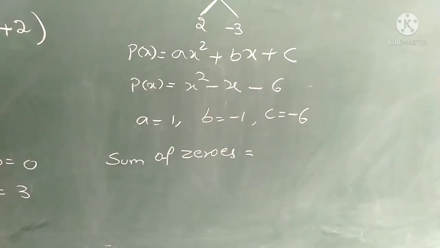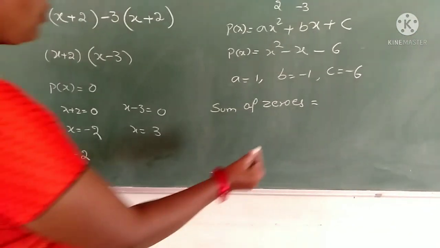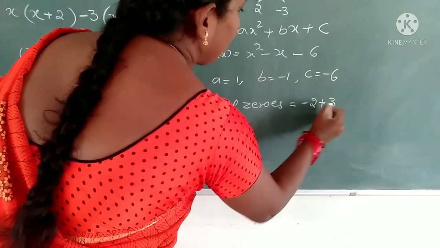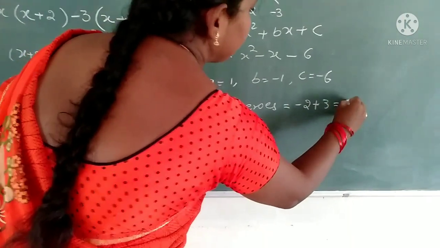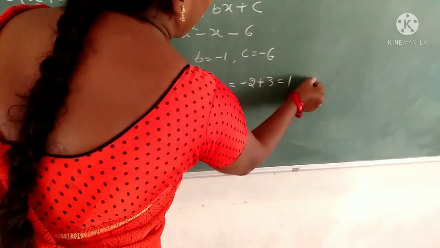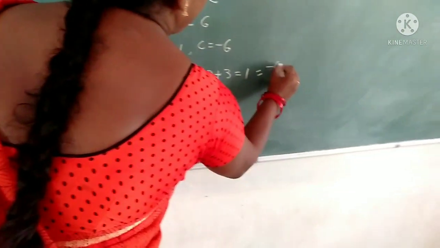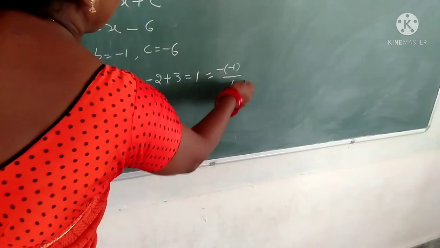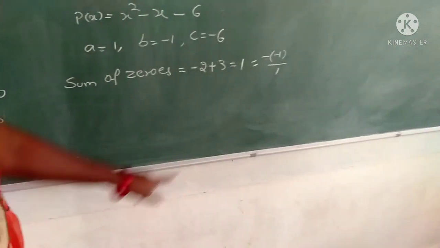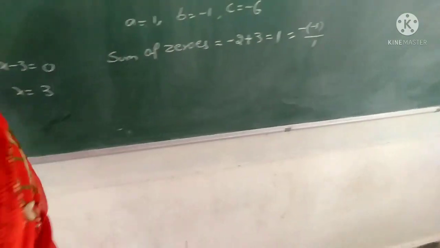Sum of zeros. The first zero is minus 2 and the second zero is 3. So the sum is minus 2 plus 3, and the value is 1. We convert the 1 into minus of minus 1 by 1, and simplify to get the value 1.